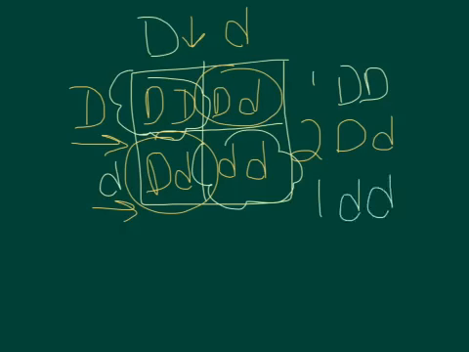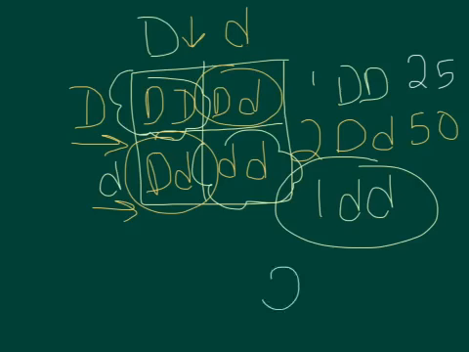So in this situation, I'm going to have a 25% chance of being homozygous dominant and hearing, a 50% chance of being heterozygous, hearing, and a 25% chance of being homozygous recessive and not being able to hear.